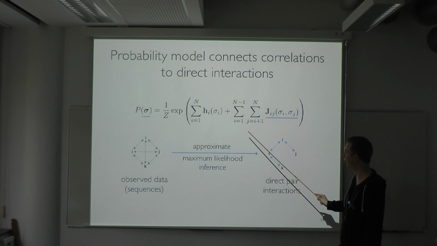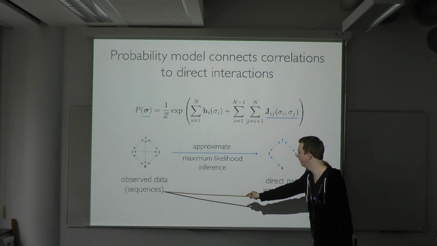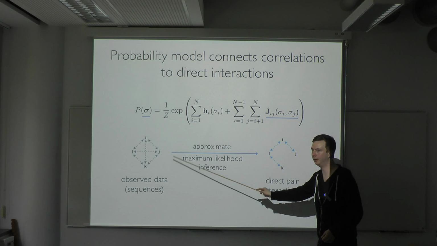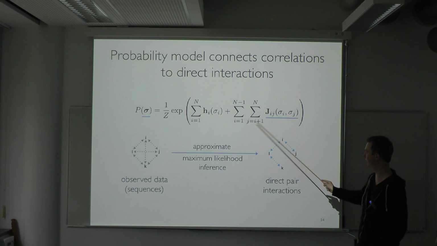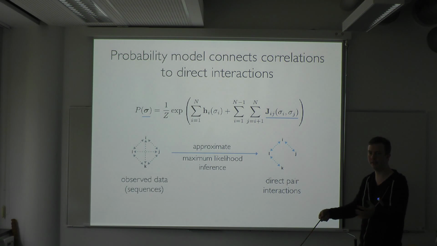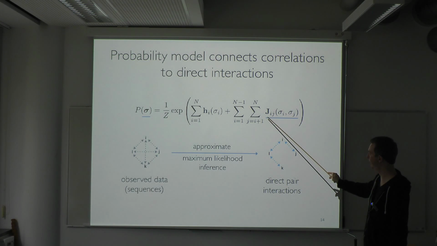But this is a parameter learning process. You take the observed data that has all the indirect effects in there, and you try to figure out statistically what is the model that generated all these indirect effects. So you're going backwards in a statistical sense here. And why is it this particular model?